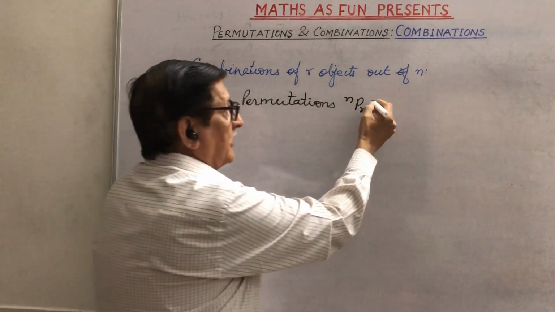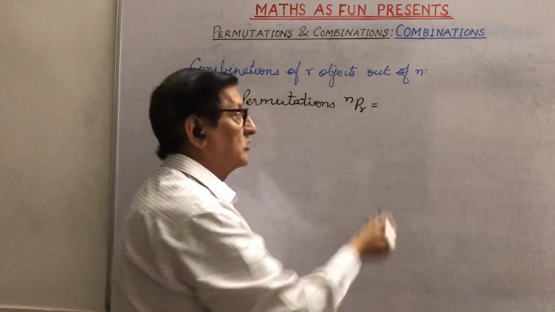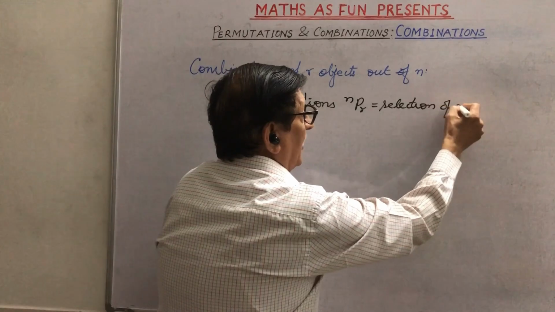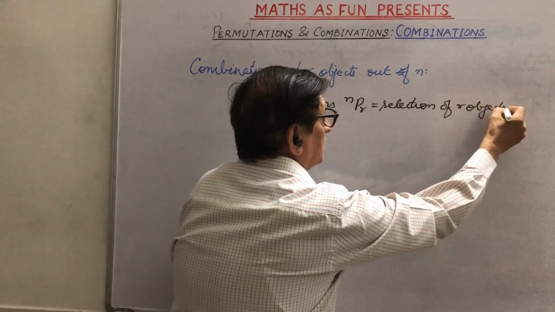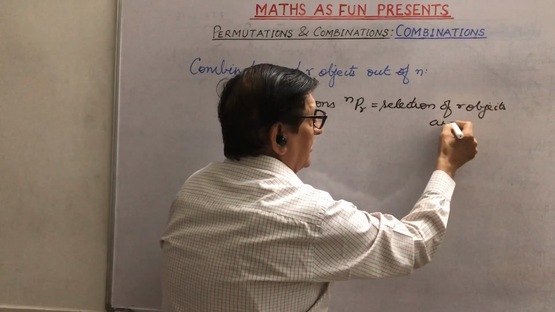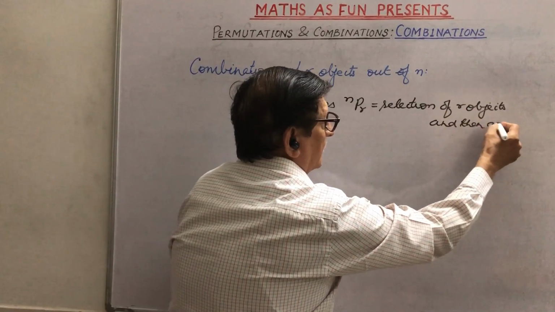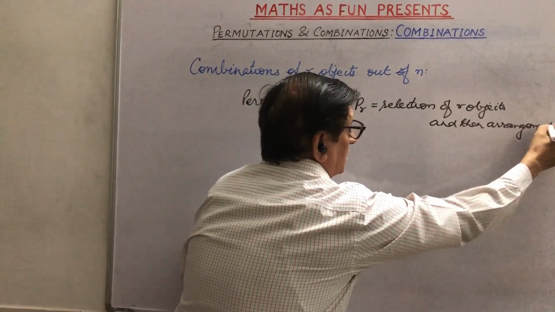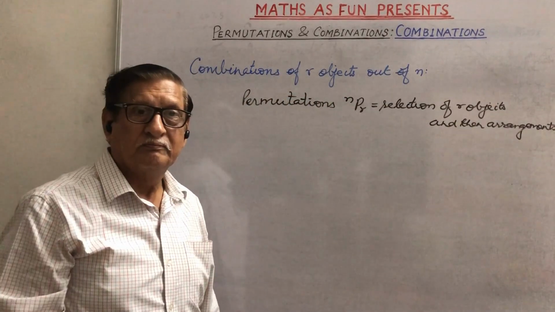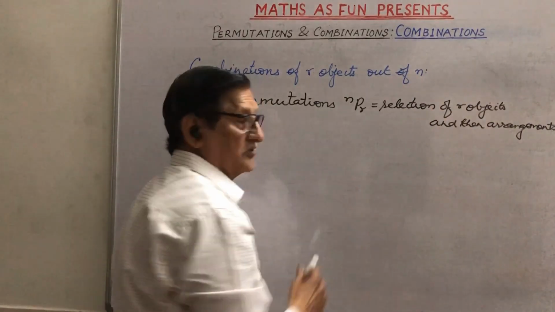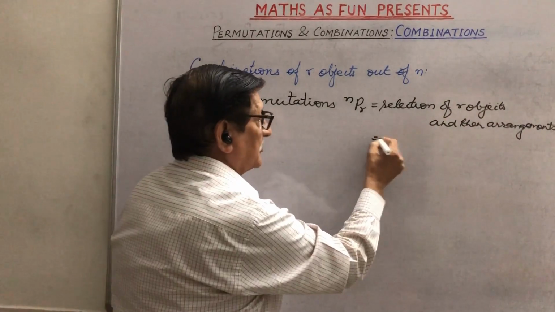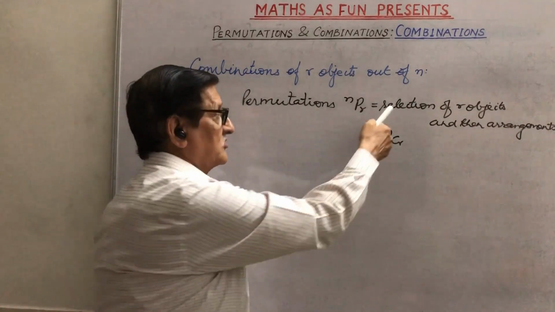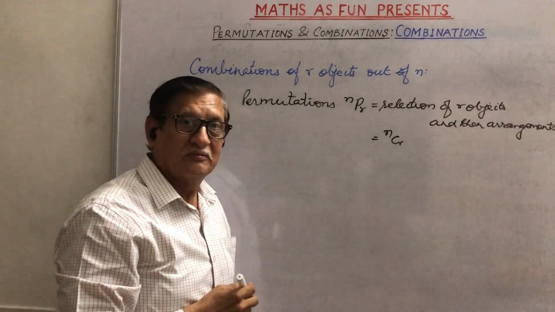So here we can say that nPr is equal to selection of r objects and then their arrangement. Selection of r objects we just now represented as nCr.